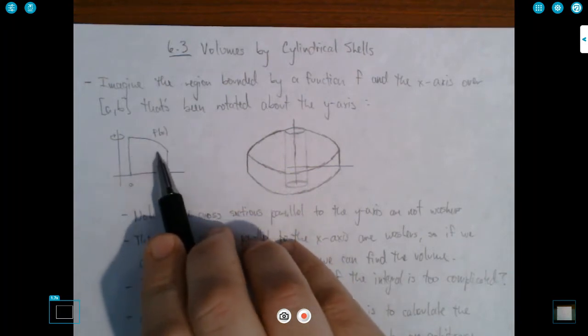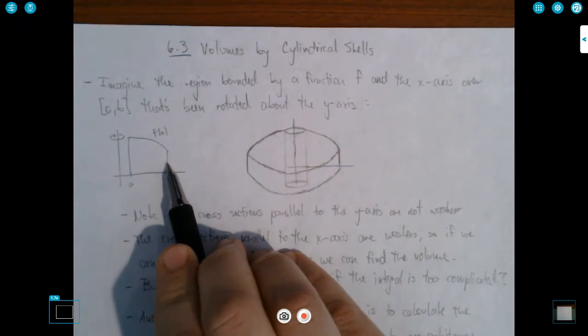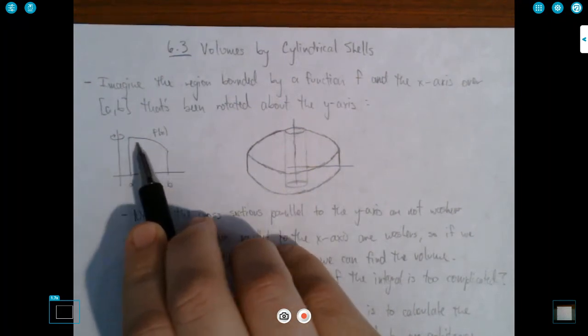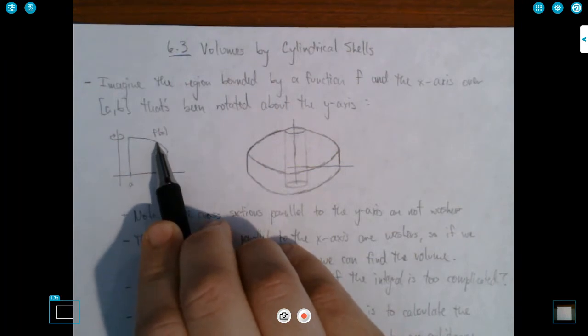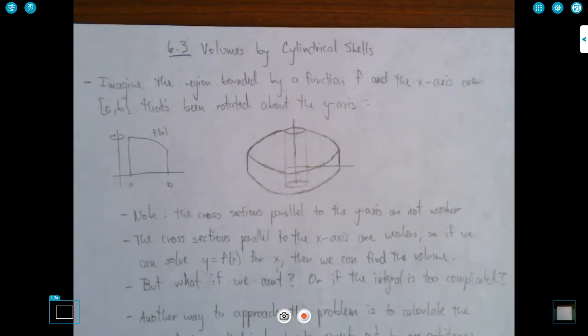And then second of all, you'd have to split the thing right there. Because here the outer radius would be b, the inner radius would be a. Here the outer radius would be g of y, and the inner radius would be a. So you'd have to split it. Anyway, it would be a little tricky. Not that you couldn't do it with the washer method, but it would be a little tricky.